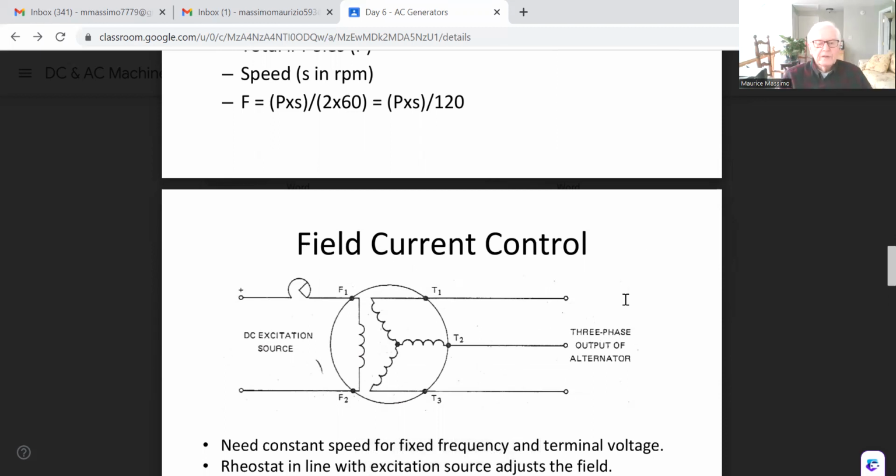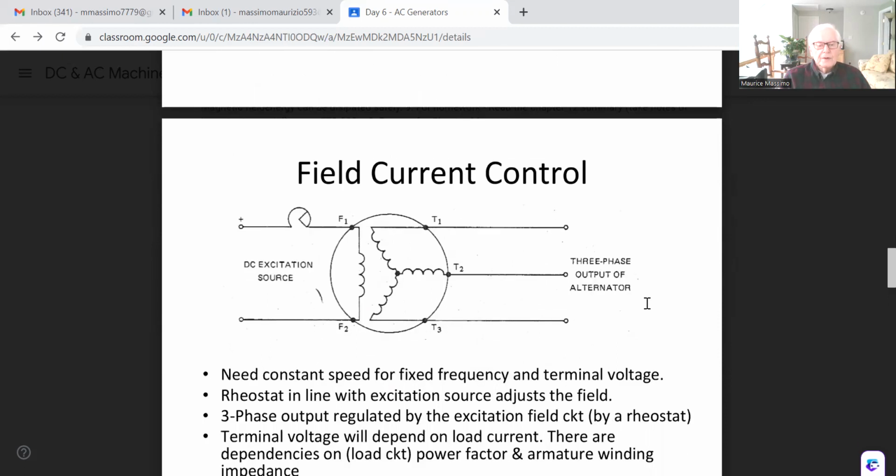Here's a method we could use to get field current control, using that rheostat right there. There's our DC excitation source. From here, it goes through a rheostat, which is a resistance value that regulates the amount of current going through the input field.